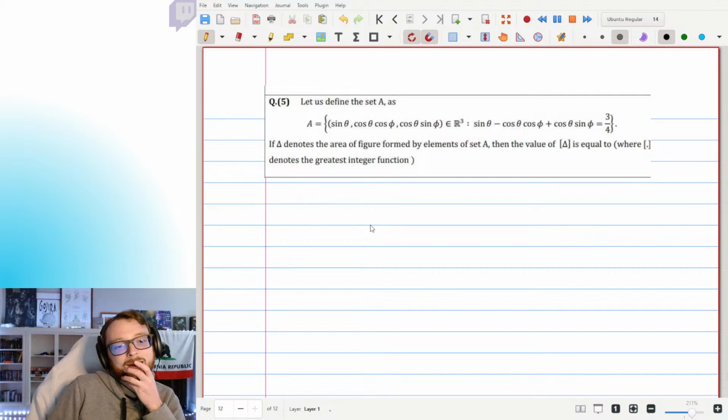Let's define the set A as a three-tuple: sine theta, cosine phi, cosine theta sine phi. Feels like spherical coordinates or similar. That belongs to R3. Okay.